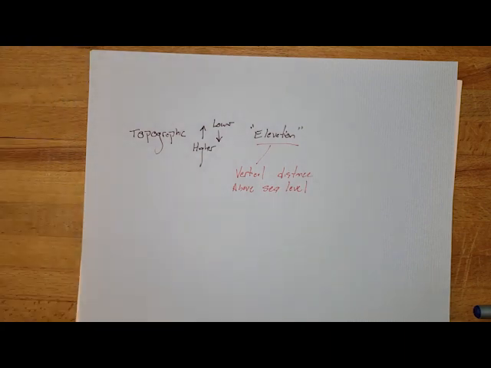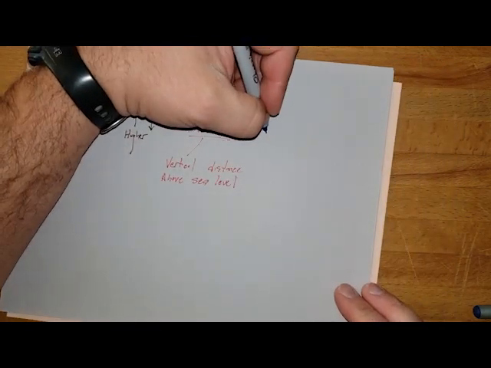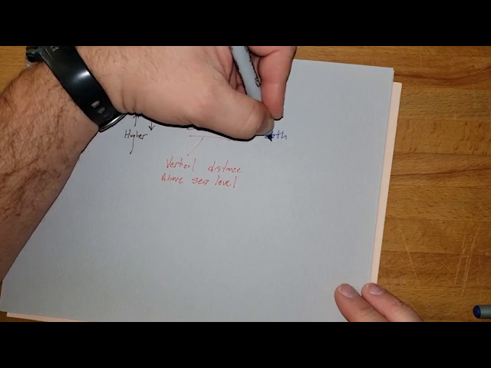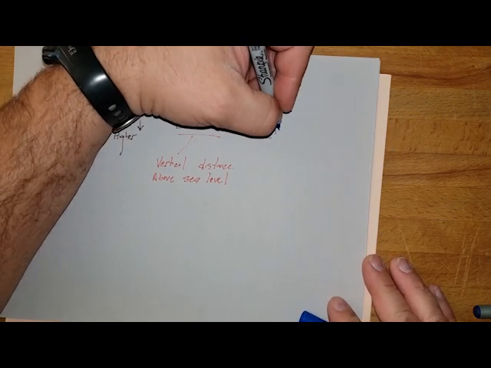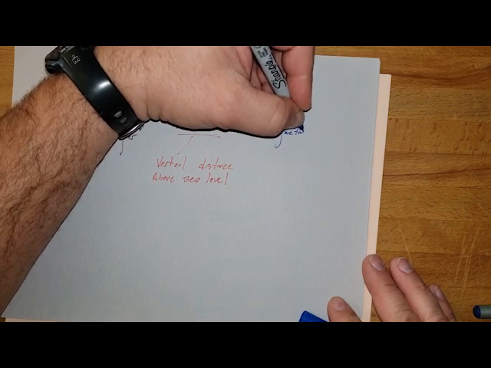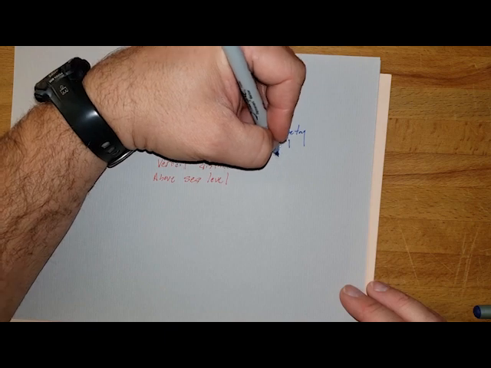But then we have our bathymetric features, and that's where we're really going to be going lower. So our bathymetry, notice how it starts with bath, like water. That's how I remember it. The bathymetry is going to be looking at distance below sea level.